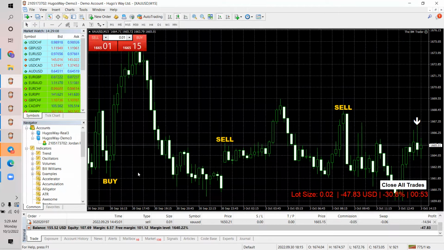I believe it was more so due to the global financial crisis, the Great Recession back in 2008. But because of that rule, you're not allowed to do hedging on United States brokers. So if you want to do this particular strategy, you are going to need to find a broker that is not in the United States region.